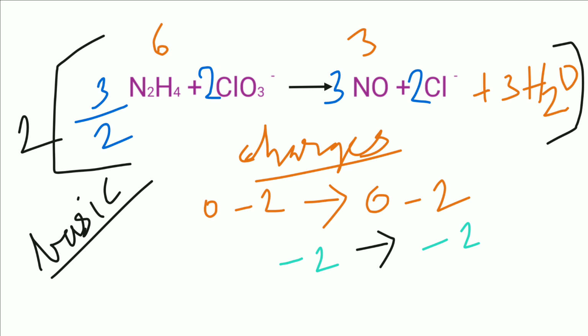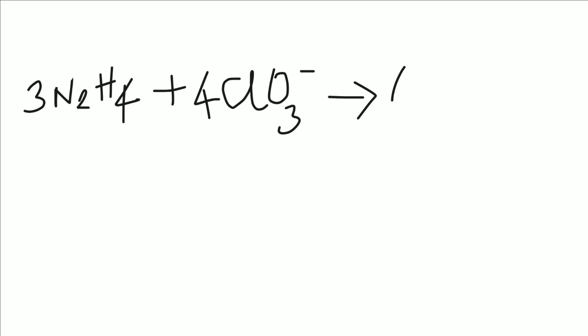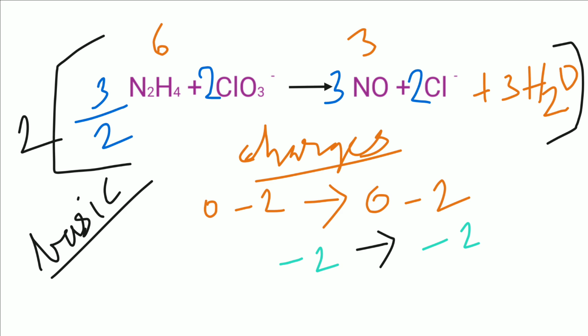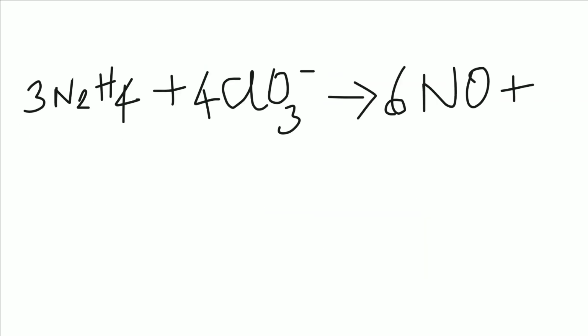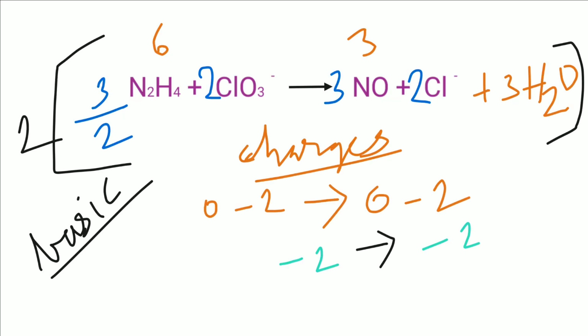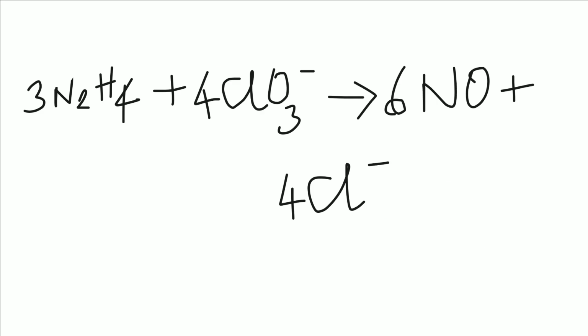So this becomes 3 times 2, 6 moles of nitric oxide, plus 4 moles of chloride, plus 6 moles of water.